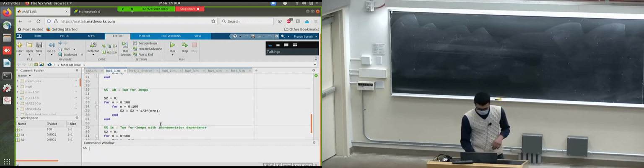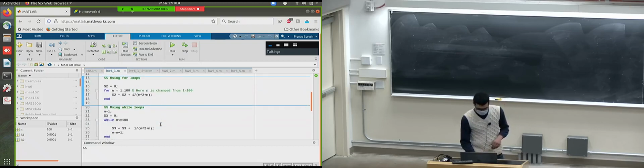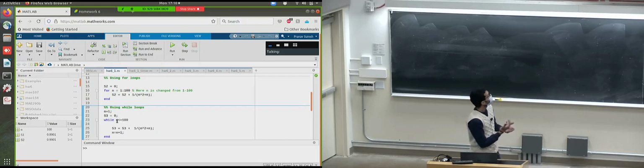So the same operation that I performed in the previous loop, I can use a while loop instead. I can start from n equals 1, and I can use the condition that n is less than 100. And until n is greater than 100, this operation keeps on happening.